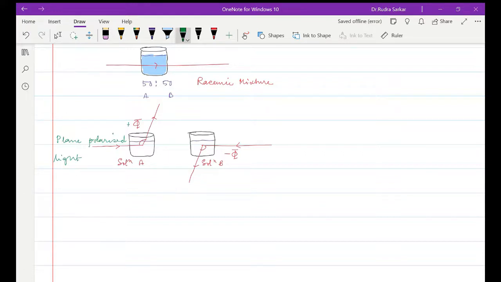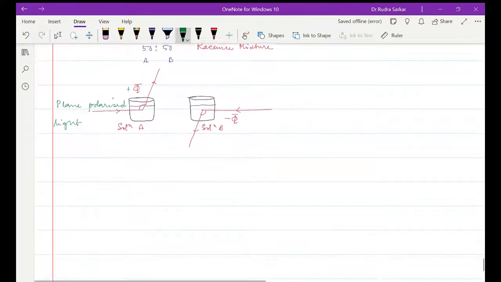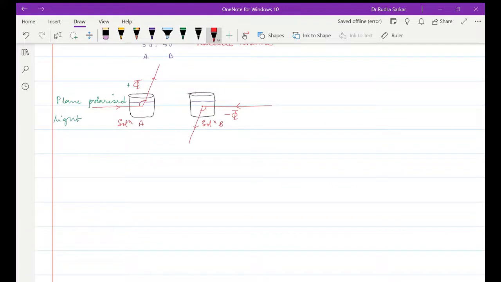So these types of compounds A and B were then defined by Louis Pasteur as enantiomers.